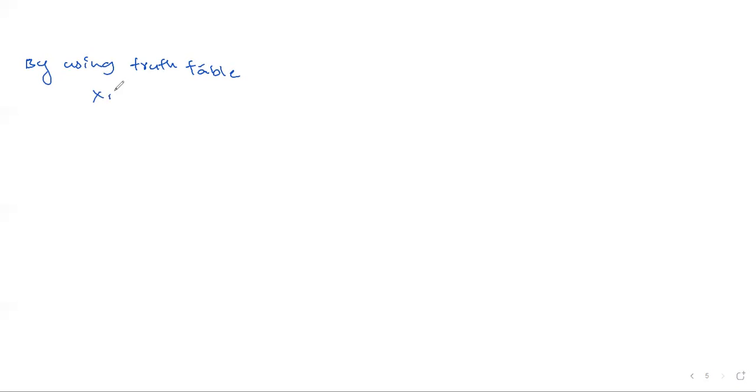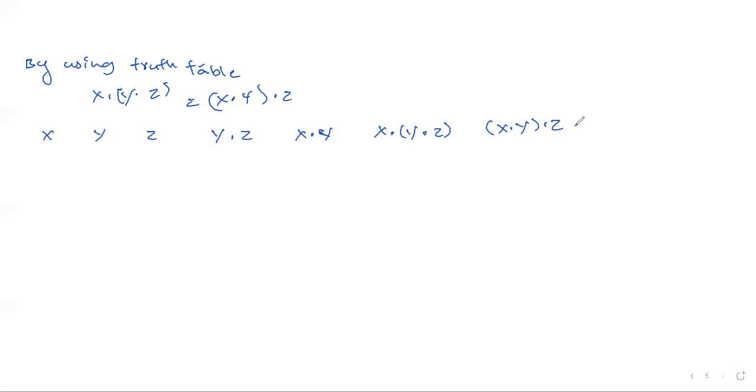X and y or z, x and y and z. So X, Y, Z, Y and Z, X and Y, X and Y and Z. So here 4 zeros, 4 ones, 0 0 1 1 0 0 1 1, 0 1 0 1 0 1 0 1.